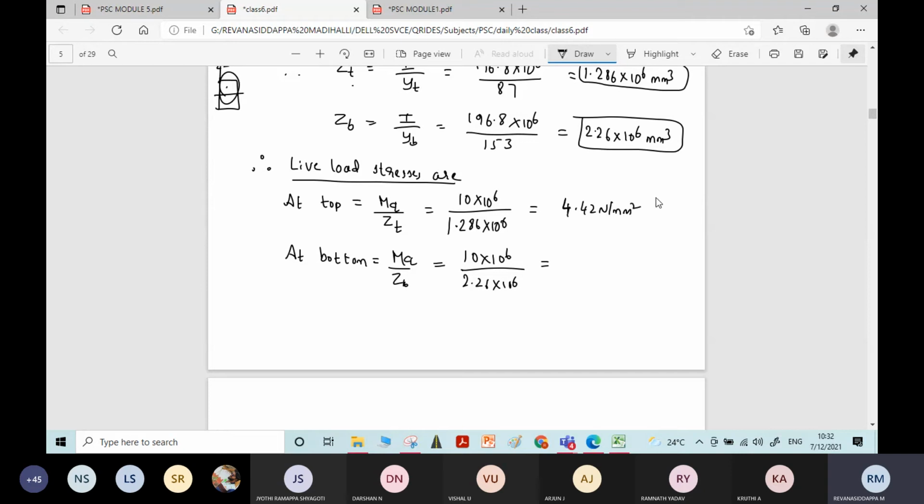What is the nature of stress? Compression or tension? Due to live load, the bottom fiber will be subjected to tension, top fiber will be compression. Correct. Compression.